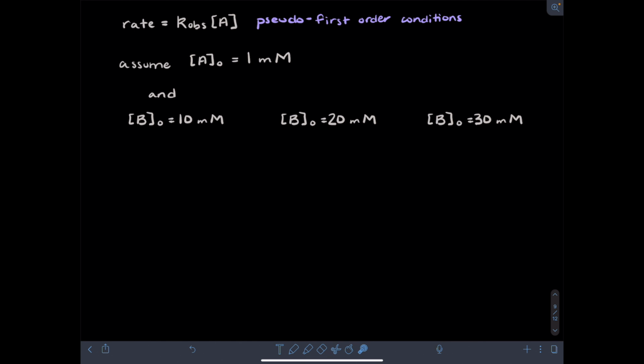In your third experiment, you keep A the same, 1 millimolar again, and B starting out is 30 millimolar. So you have 3 different experiments, each with A and B present, and notice in all 3 cases, the concentration of B is at least 10 times higher than the concentration of A. So the concentration of B will be approximately constant, and we would call these pseudo-first order conditions.